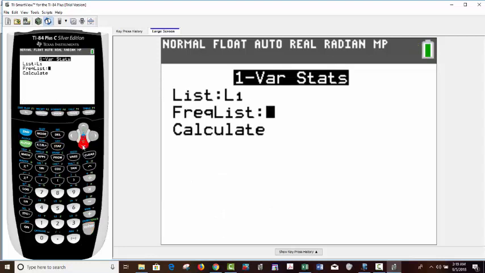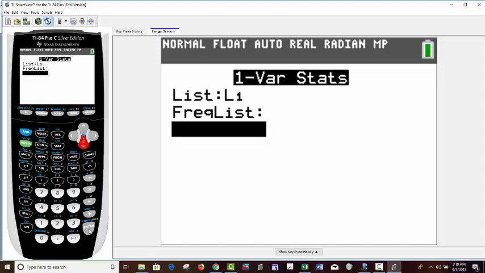you're good. Now, I did some stuff in the section on the means where you can actually use L1 and L2 when you have 2 sets of numbers there. Well, somebody was having problems with this variance. Anyway, you don't want that. If there's an L2 sitting right there where that's blinking, delete that out of there.